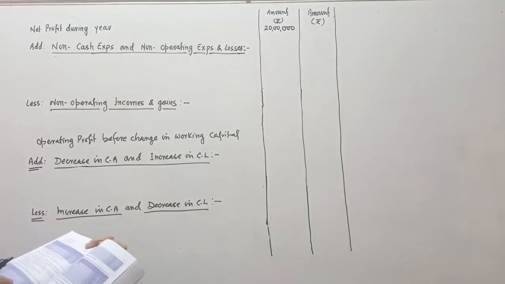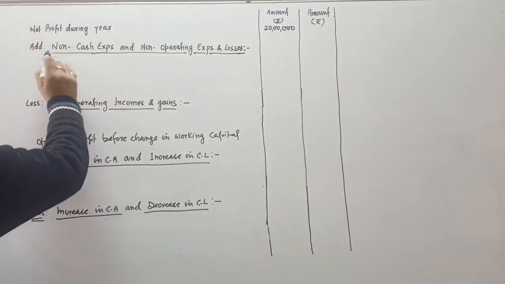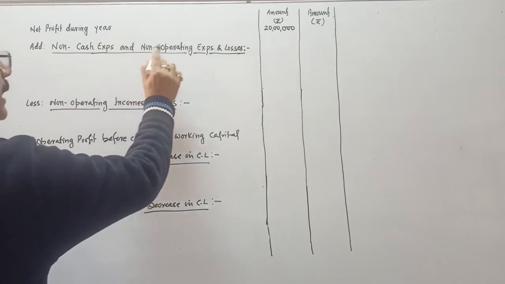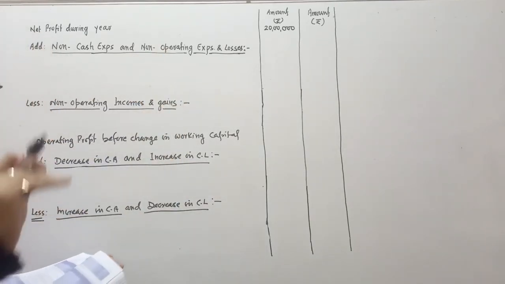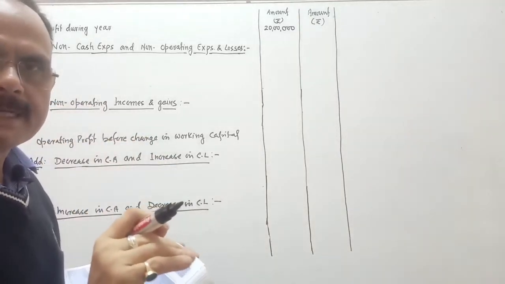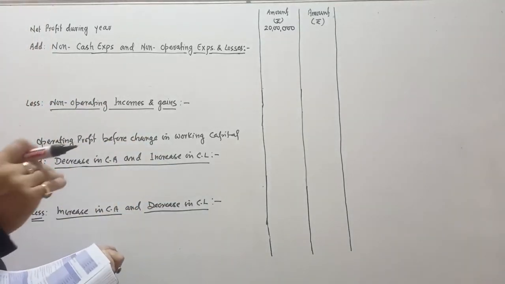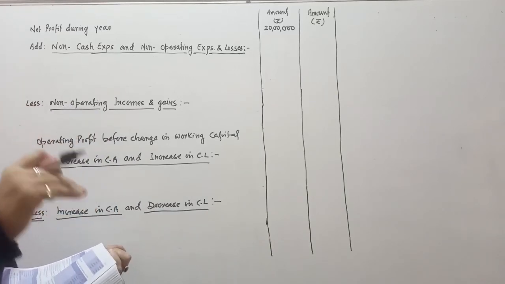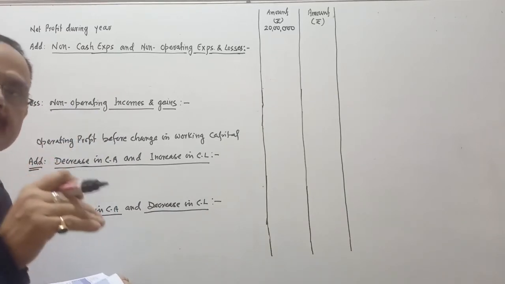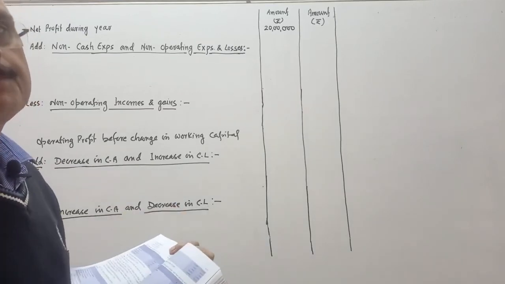Non-cash expenses will be added, and non-operating expenses and losses will be added, and non-operating incomes and gains will be deducted. Decrease in current assets and increase in current liability will be added, and vice versa, increase in current assets and decrease in current liability will be deducted.